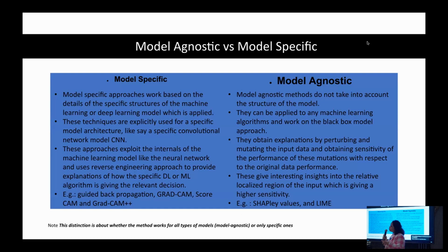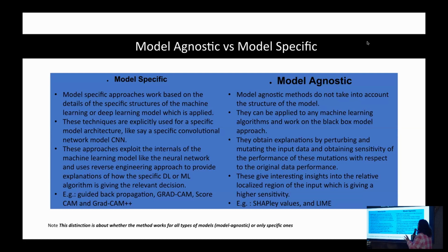Model-specific explanations would be the explanations only specific to the models that you are using. For example, let's take a basic ML model. I'm not going into any deep learning model right now. Let's say we are using SVM, decision tree, random forest. If an explanation is oriented towards that model itself, then it would be a model-specific explainable method.